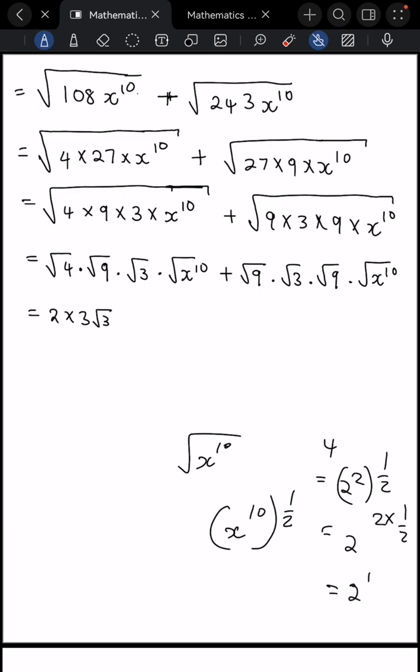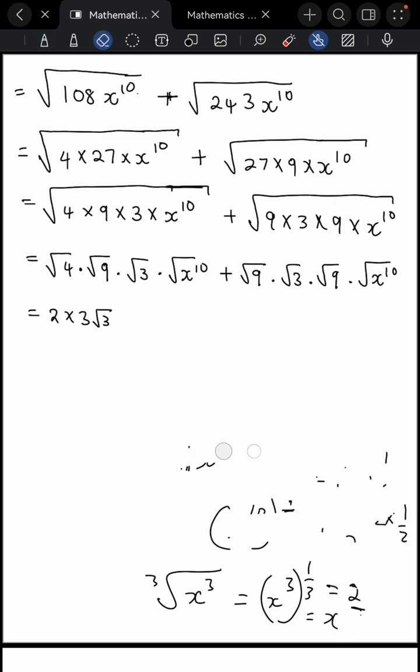So for x raised to the power of 10, the square root is just the exponent multiplied by 1 over 2. Just like the cube root of x cubed will be x raised to the power of 3 times 1 over 3, which is just going to be x.